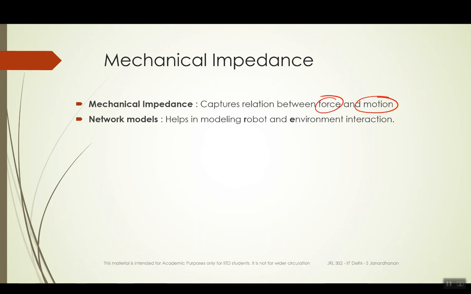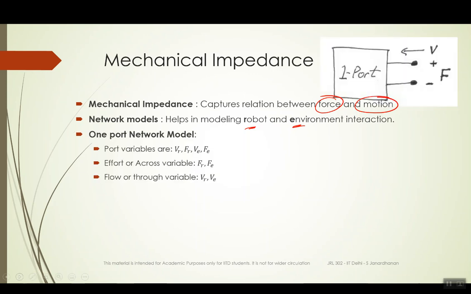You can use electrical networks or mechanical networks to model this interaction between the robot and the environment. The type of network that you would typically use are one port networks.